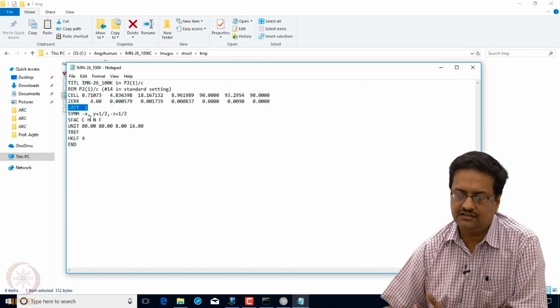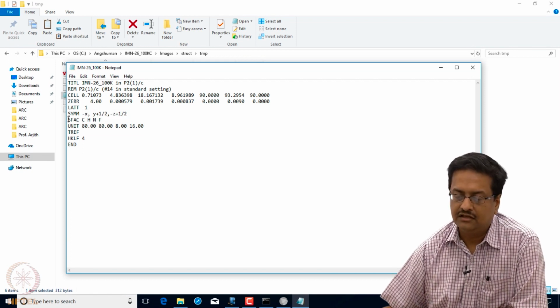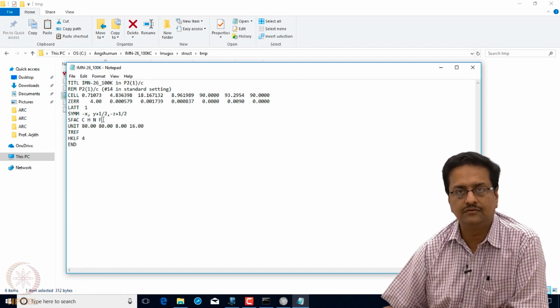LATT 1 indicates that it is a centrosymmetric structure, and here it gives the symmetry operations applied in P21/c. This line is for structure factor information, SFAC. So this has atoms which are carbon, hydrogen, nitrogen and fluorine.